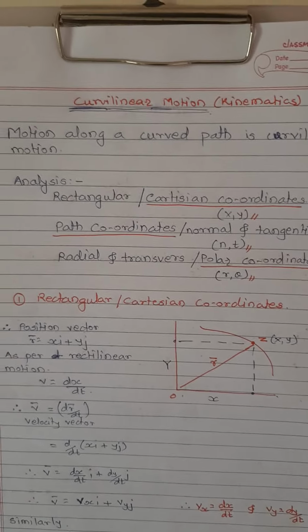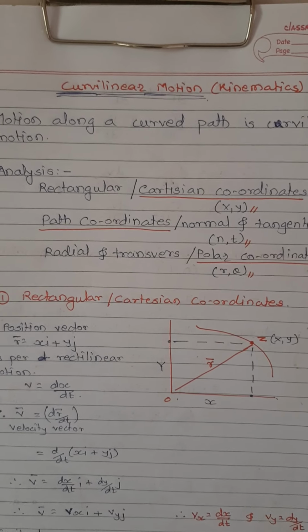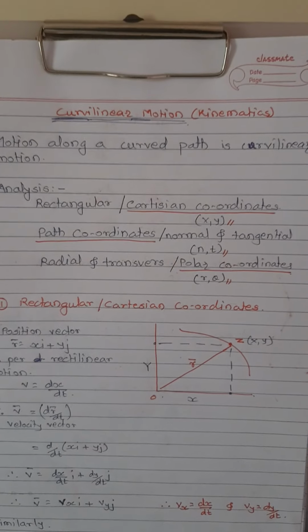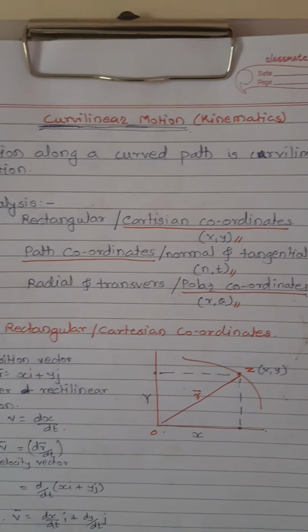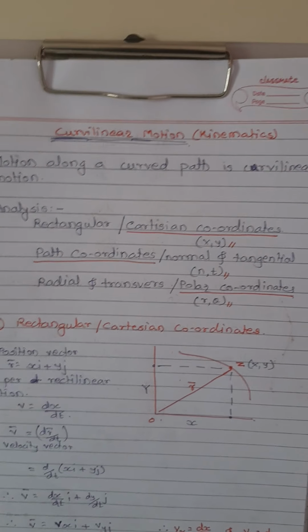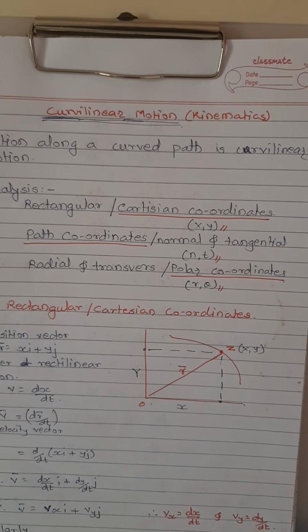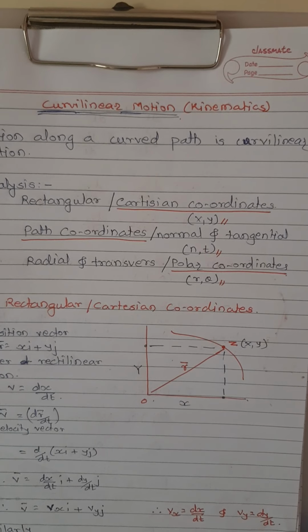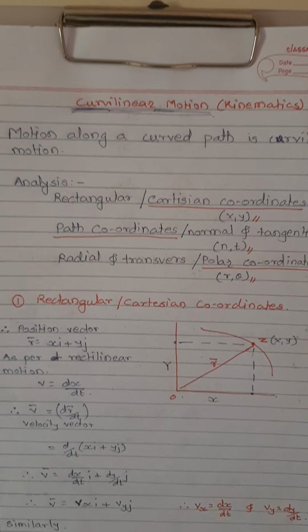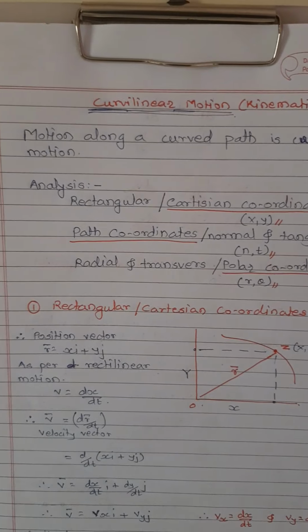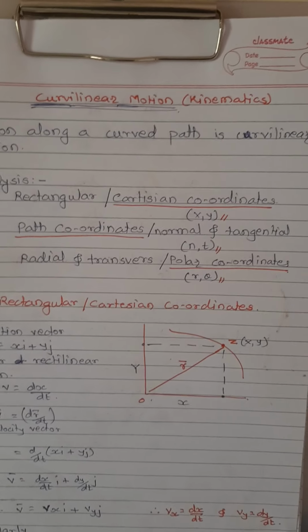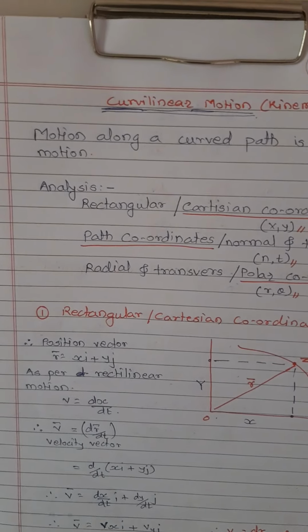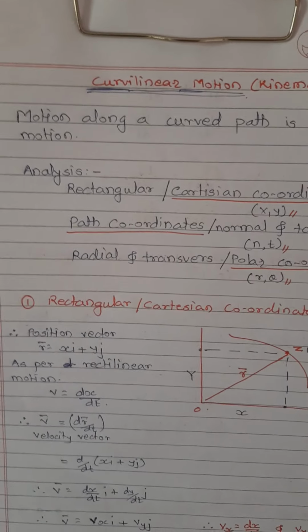In the previous video, we have seen what is rectilinear motion and how to analyze the particles in rectilinear motion considering the kinematics. Now, here we'll deal with the next part of motion, that is kinematics of curvilinear motion.